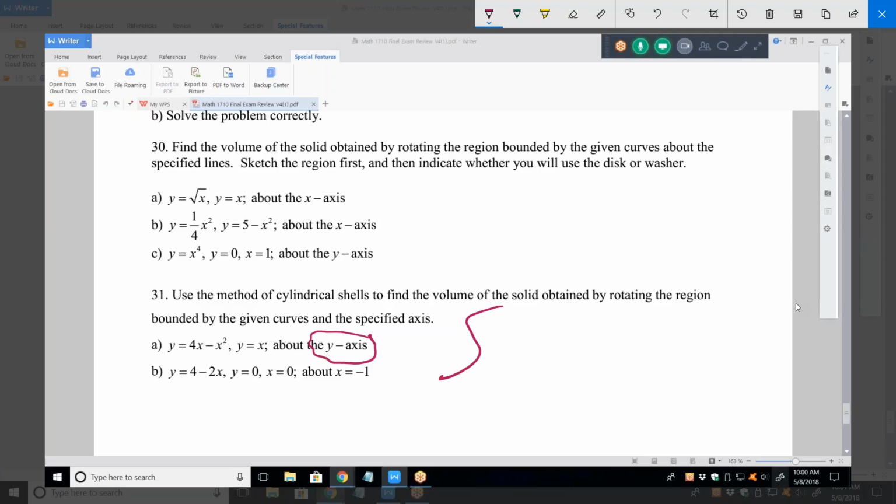No. 4? Yeah, it's 4. Well, let's see. When x is 4, y is 0. So I think I want to go from -4 to 4.